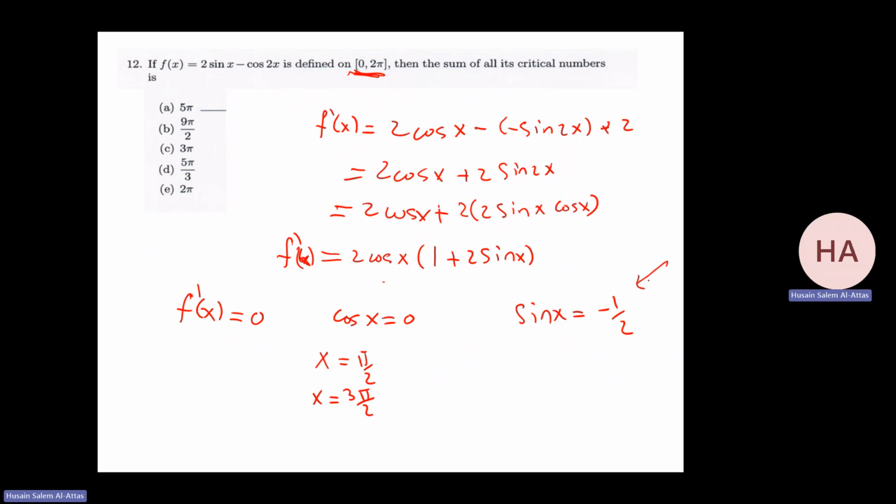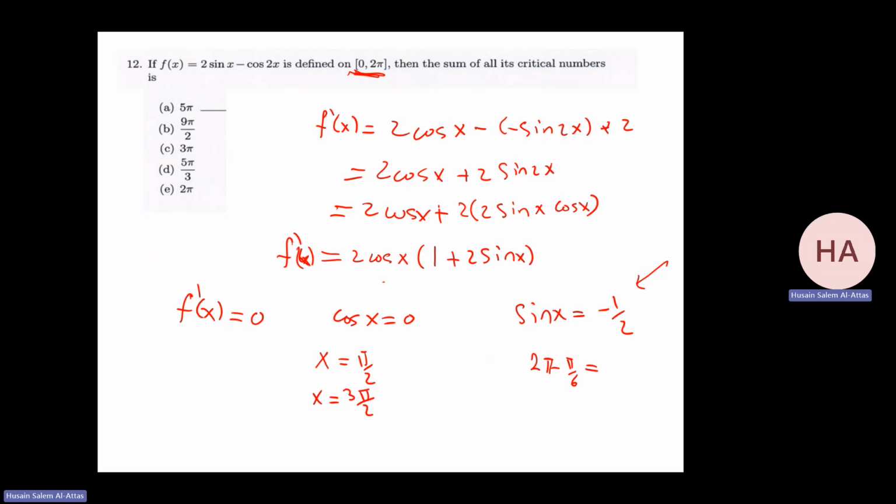that should be where? In the fourth quadrant, and the angle is pi over 6. So it will be 2 pi minus pi over 6. Strange how that will be.